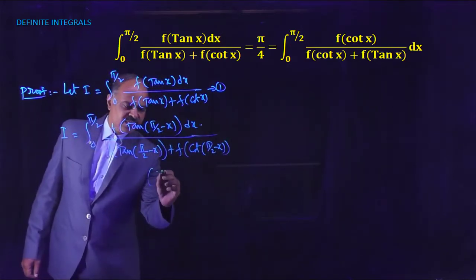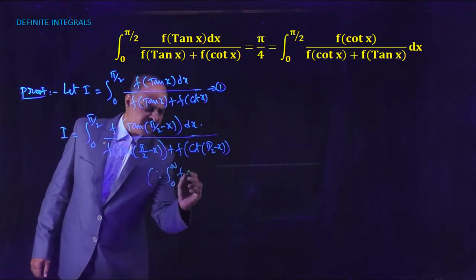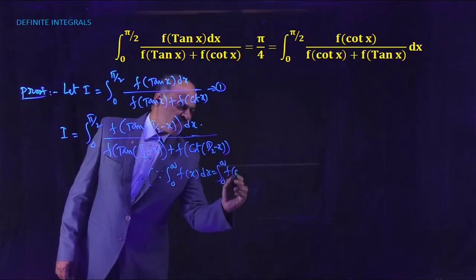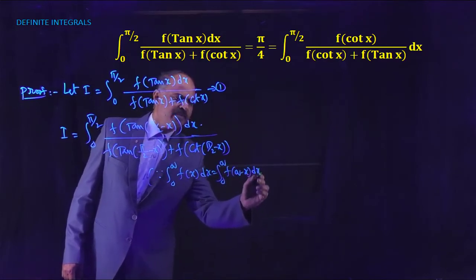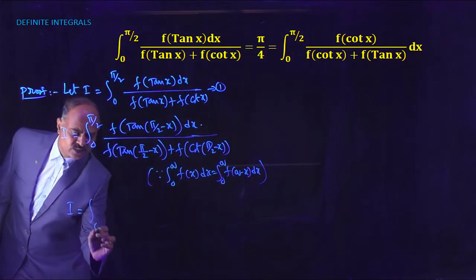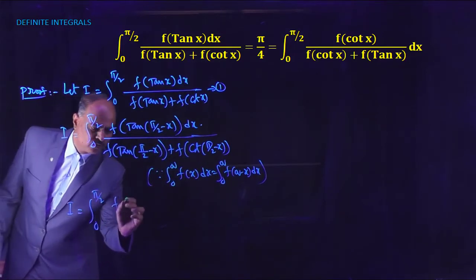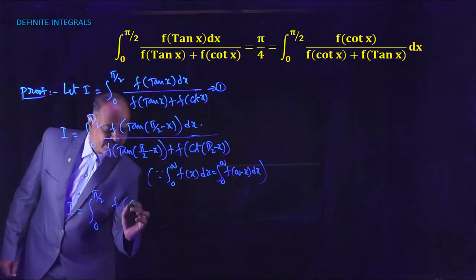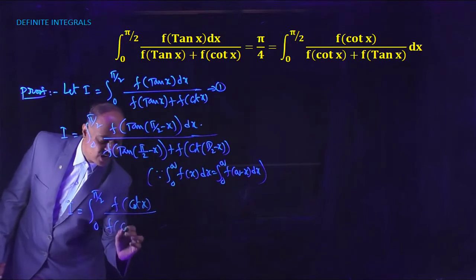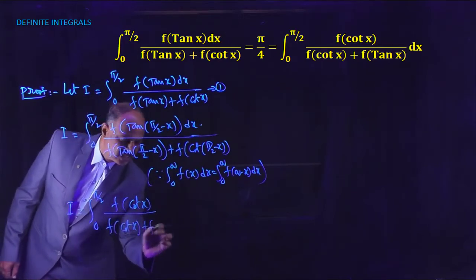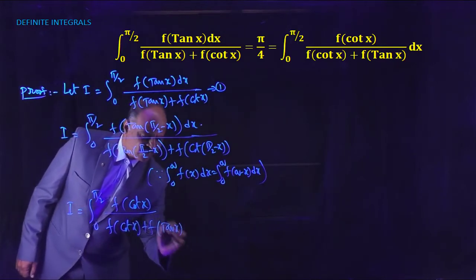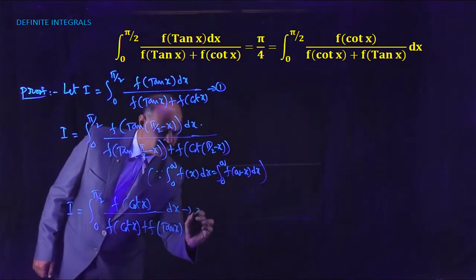Since tan of pi by 2 minus x is cot x and cot of pi by 2 minus x is tan x, this gives I equal to integral 0 to pi by 2 f of cot x by f of cot x plus f of tan x dx. This is equation number 2.